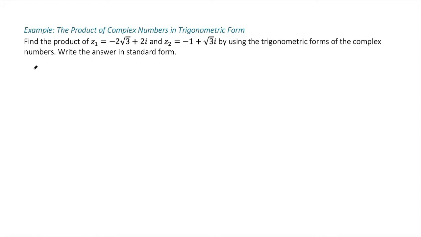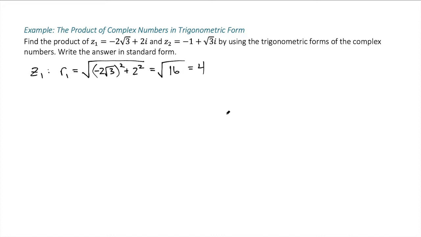First of all, for z1, we can get our absolute value r1 by doing the square root of a squared plus b squared. So negative 2 root 3 squared plus 2 squared. This is equal to the square root of 12 plus 4, which is 16.